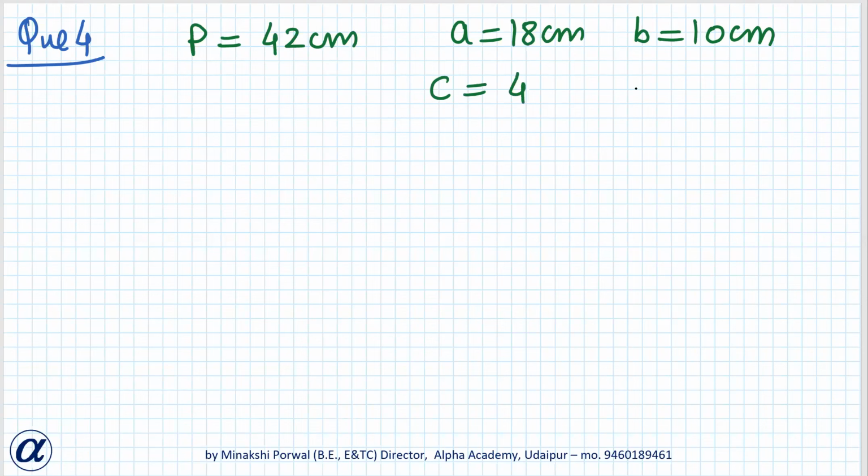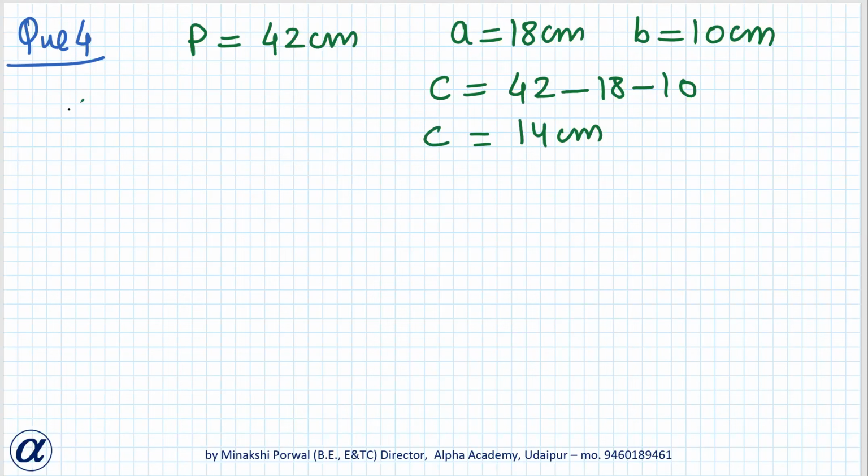Okay. So basically when two sides are given and perimeter is given, we will subtract both the sides from perimeter. So we'll get the third side. So this is 14 centimeters.